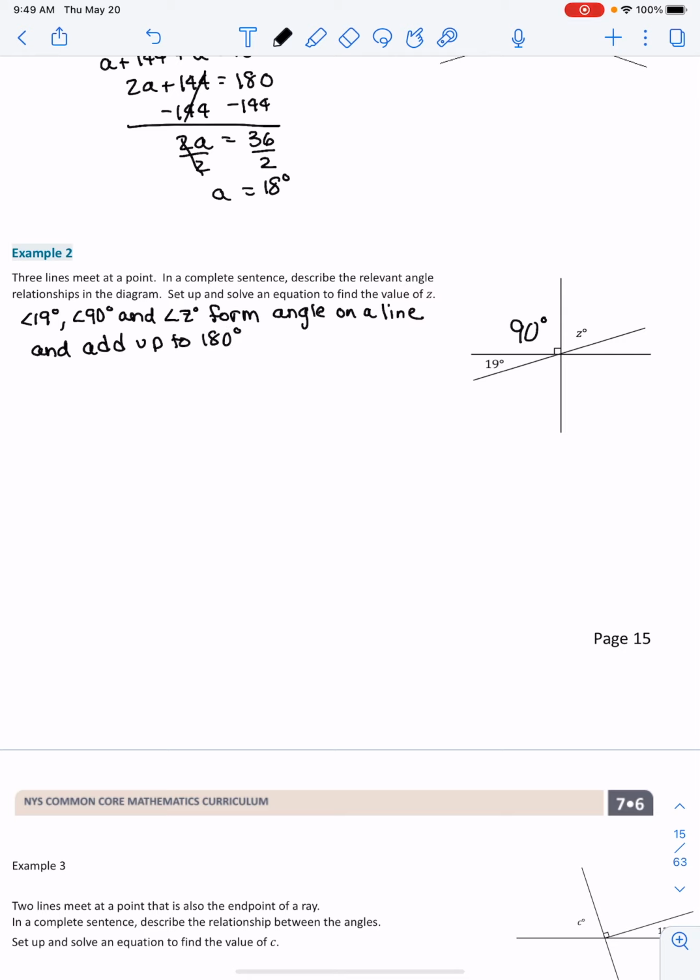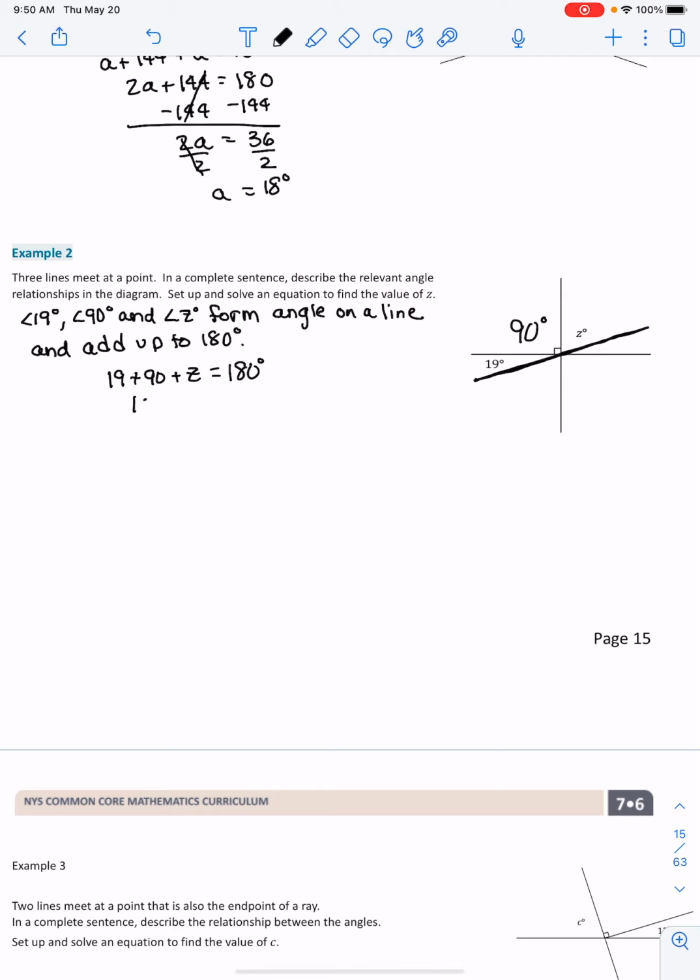180 degrees. So here we have 19 plus 90 plus Z equals 180 degrees. Notice it's right here, that they add up to.